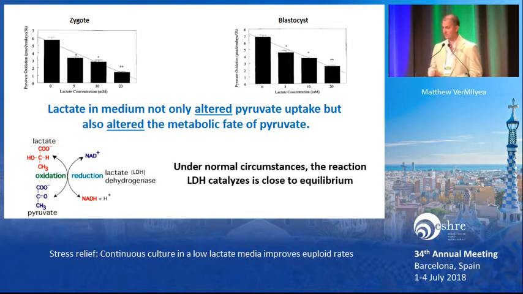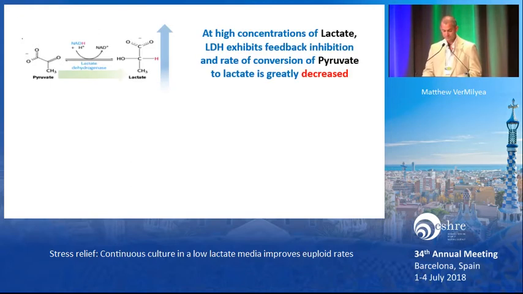Now, getting into some of the systems biology, as we know, oxidation occurs in which lactate converts to pyruvate and vice versa. And with that reduction system, NAD is also produced, and NADH. Under normal circumstances, this reaction with LDH, lactate dehydrogenase, catalyzes very close to equilibrium. So in normal systems, lactate and pyruvate basically balance each other out.